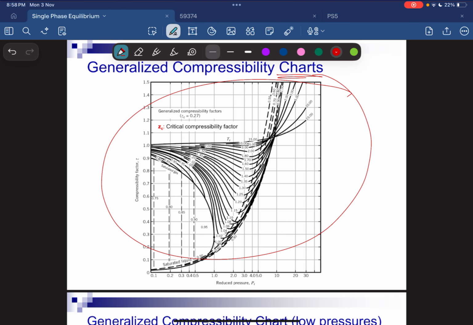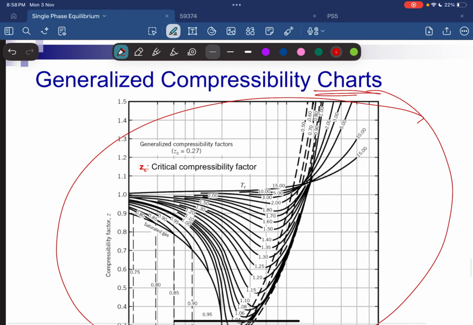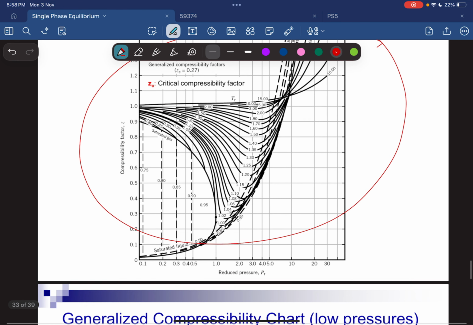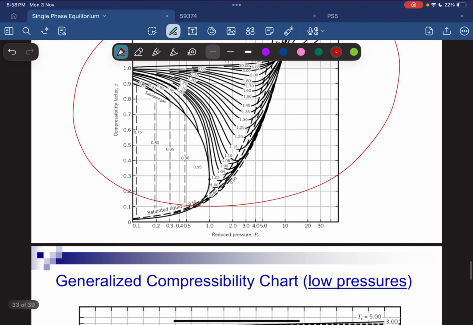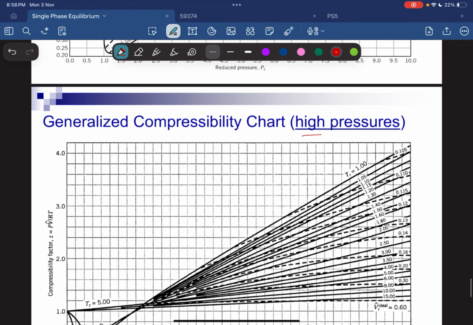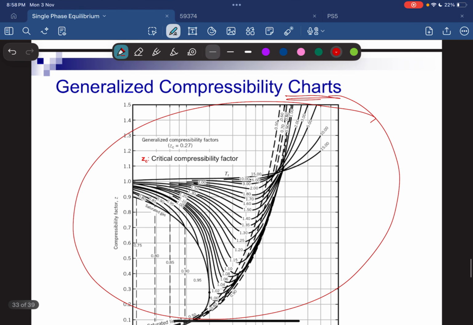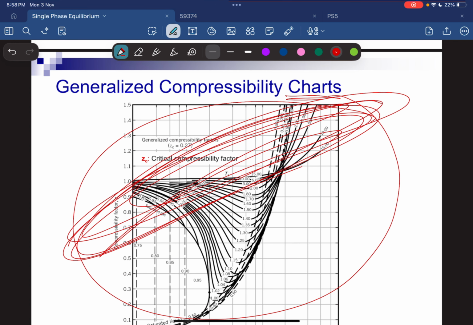Basically, the charts below are just zoomed in, and you have this axis a bit rescaled so that it's appropriate to use for low pressure cases and medium pressure cases and high pressure cases, but they are all the same chart, okay? They are all an expansion from the same chart.